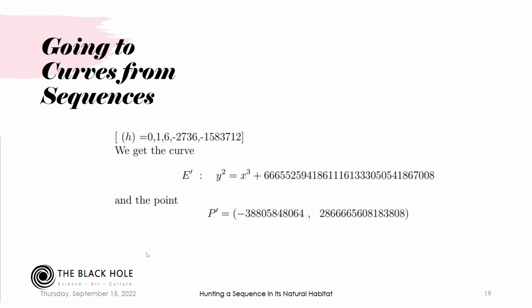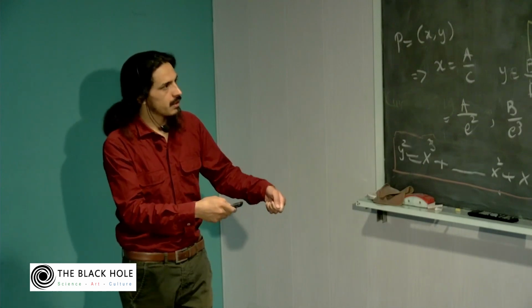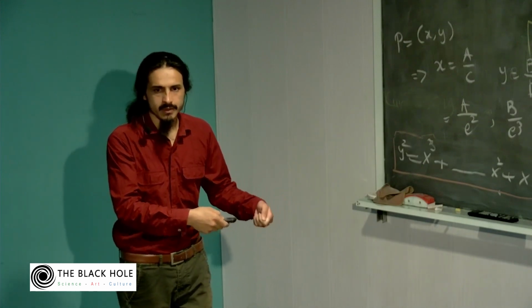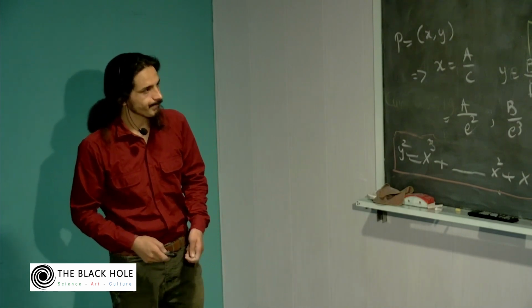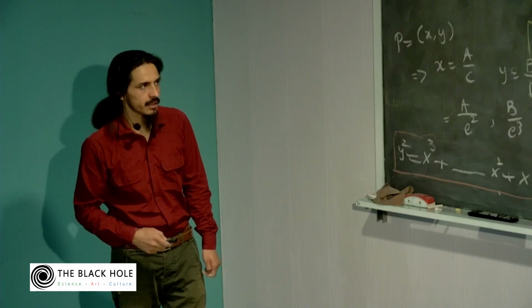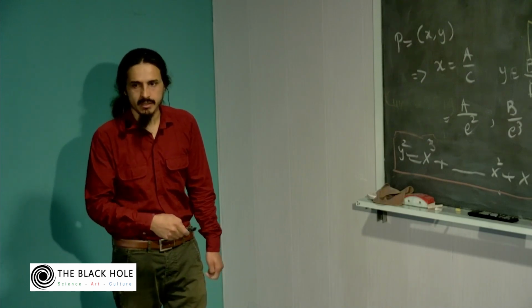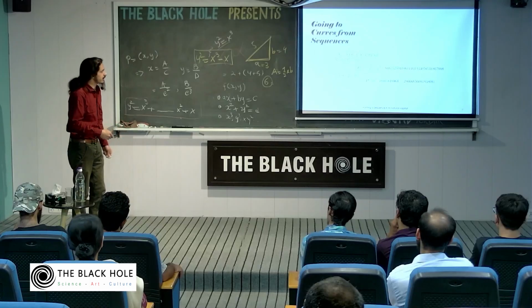So there is a one-to-one correspondence between these sequences and elliptic curves, and all the properties that elliptic curves enjoy, these sequences do enjoy the same properties, and all the challenges regarding elliptic curves can be translated to sequences, and then you can play with sequences.